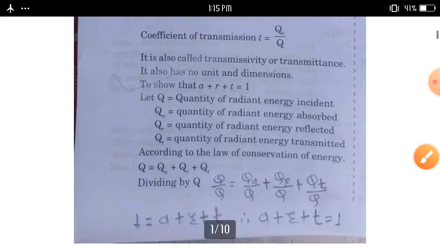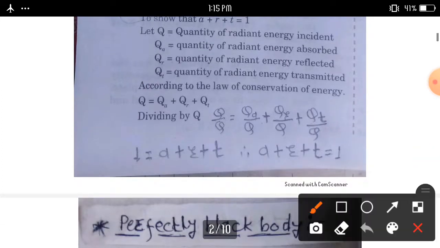Then dividing by Q throughout, Q upon Q is equal to Q suffix a upon Q plus Q suffix r upon Q plus Q suffix t upon Q. Here Q gets cancelled, remaining 1.